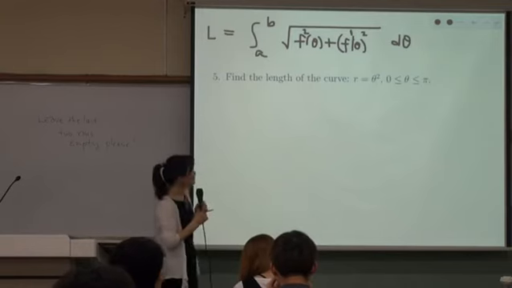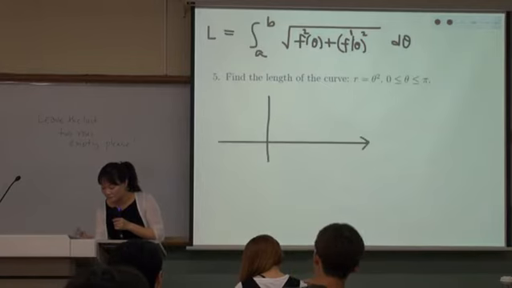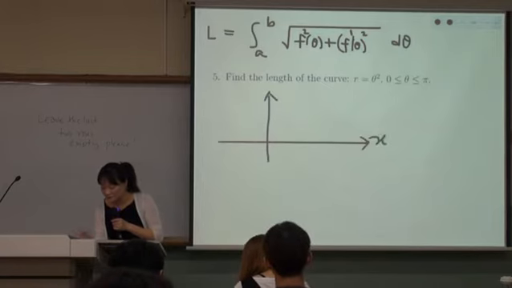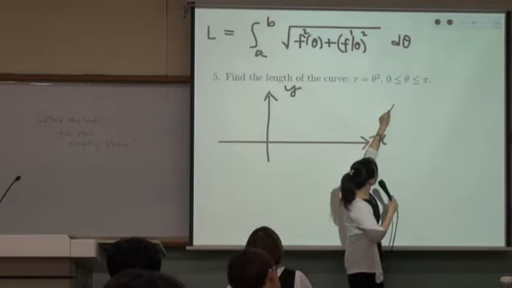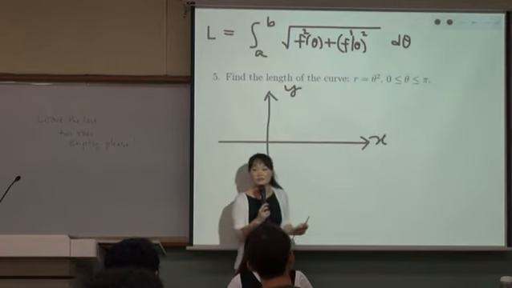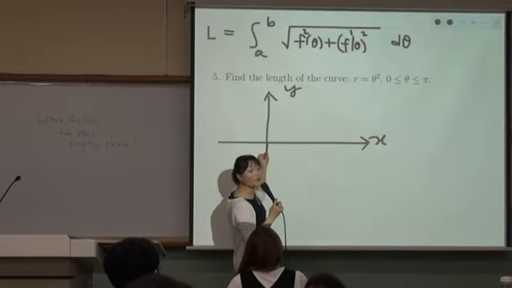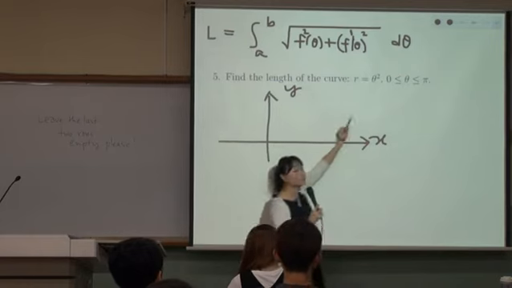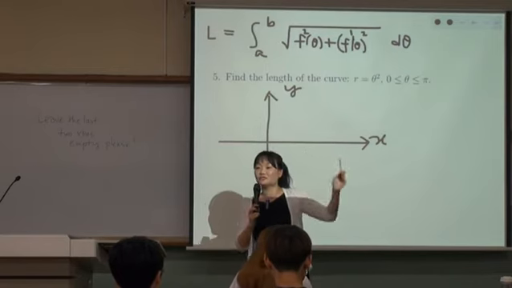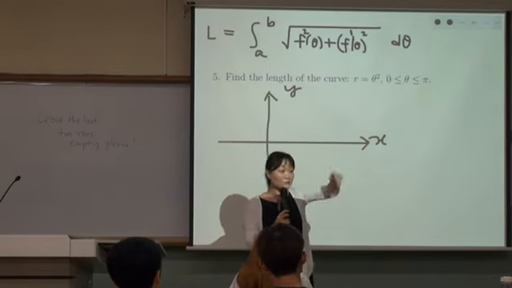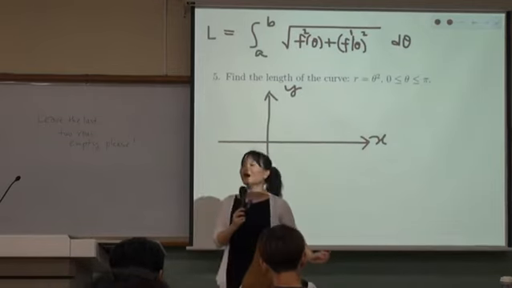Find the length of the curve. So let's draw it on x and y. When theta is 0, what is my radius? 0, right? When theta is pi over 2, what is my radius? Pi over 2 quantity squared, which is about 1.5 squared, right? When theta is pi, what is my radius? Pi squared.